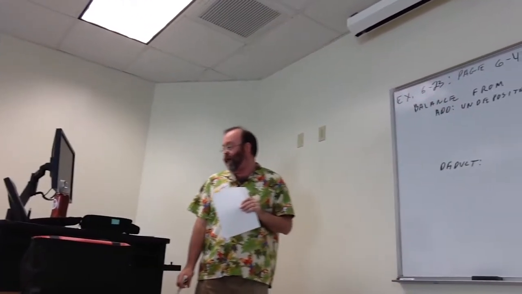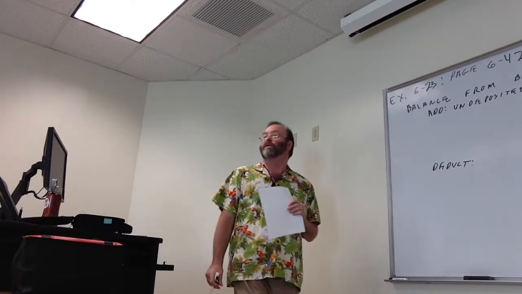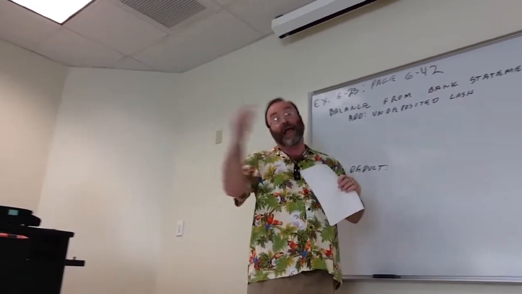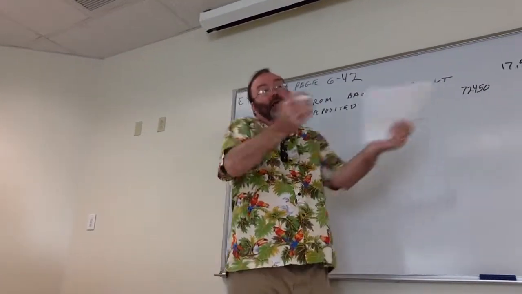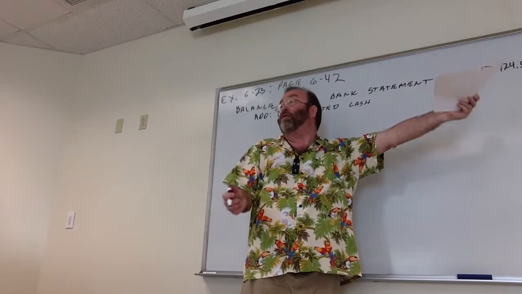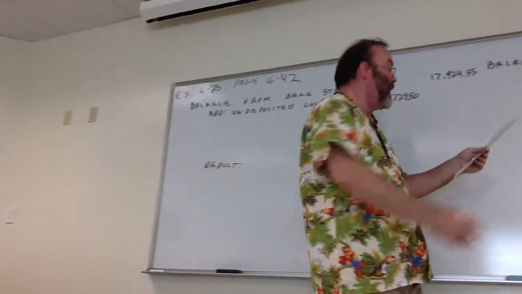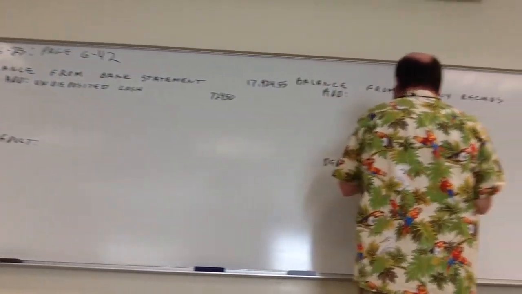A note for $2,000 plus interest of $25 was collected for Odom by the bank during March. The bank notified Odom of this collection on the bank statement. Does the bank know about that? Yes, they collected the note. Does the company know about it? Not yet. We need to add it to the company.